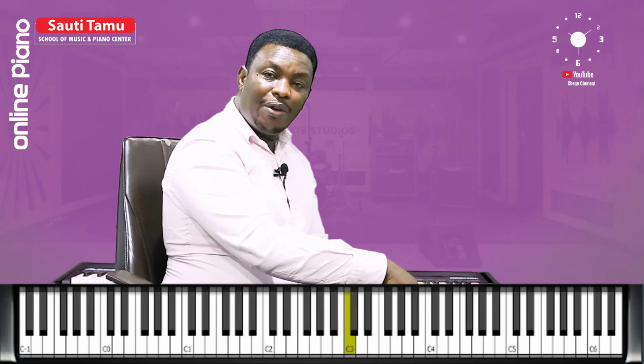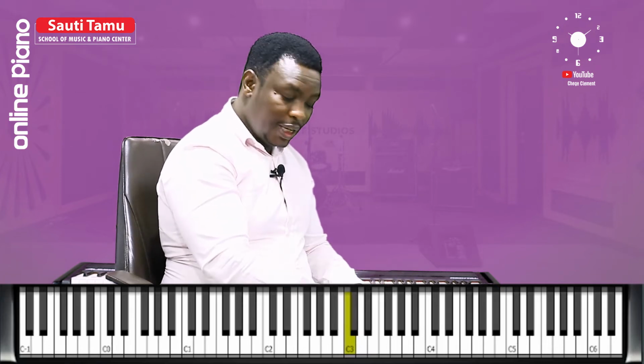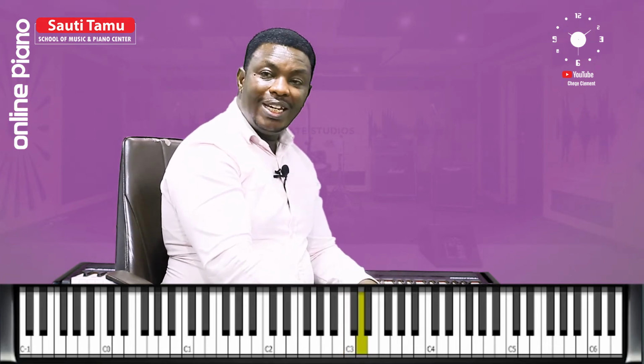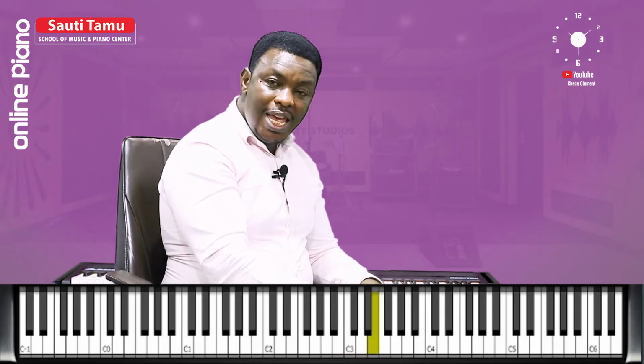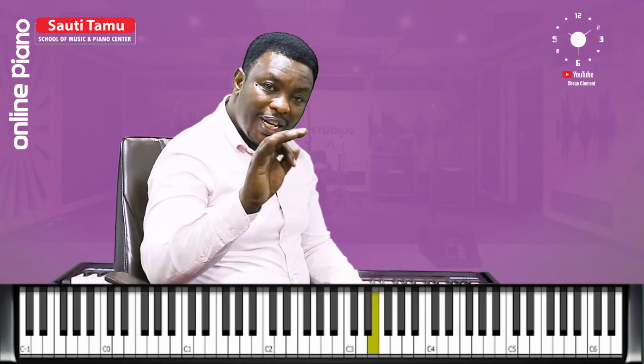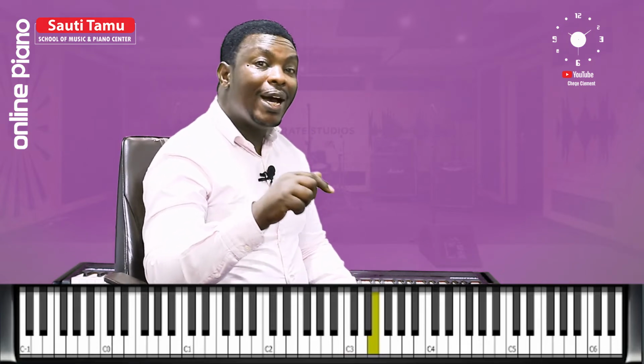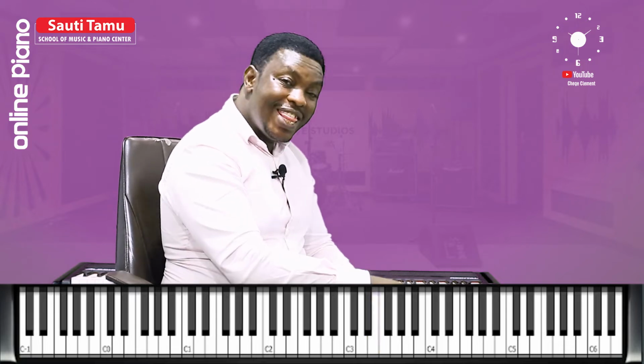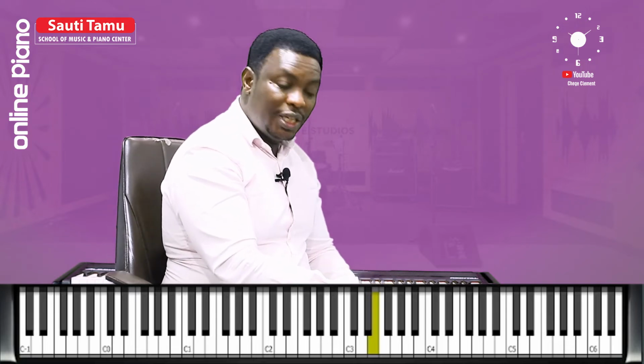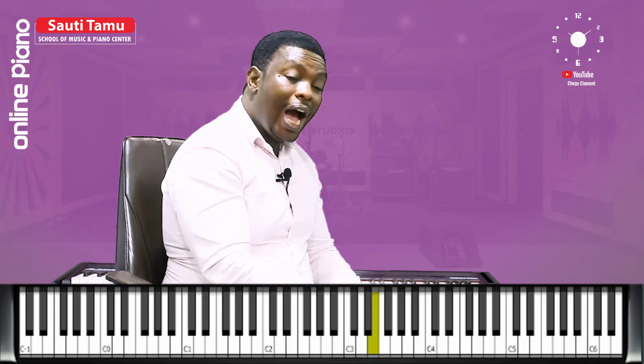Meaning C is our first note in the scale, D is our second, E is our third, and we must have a semitone between the third, which is E in our case, and the fourth.